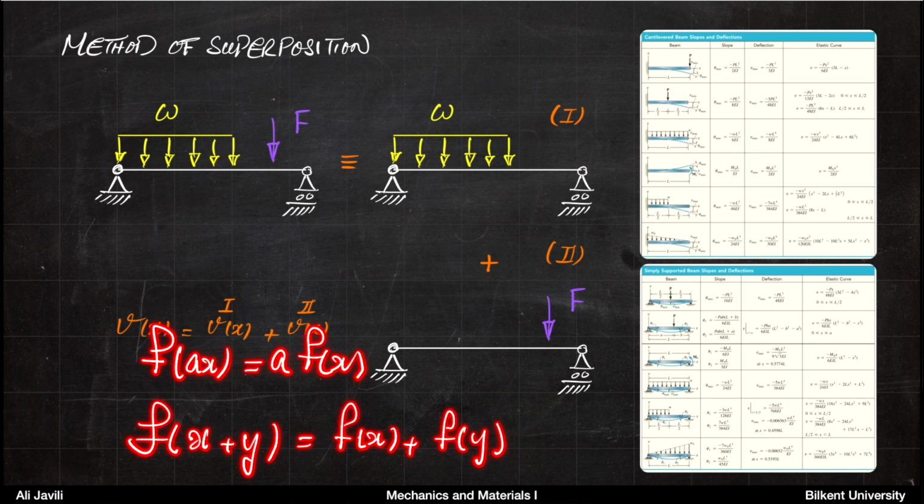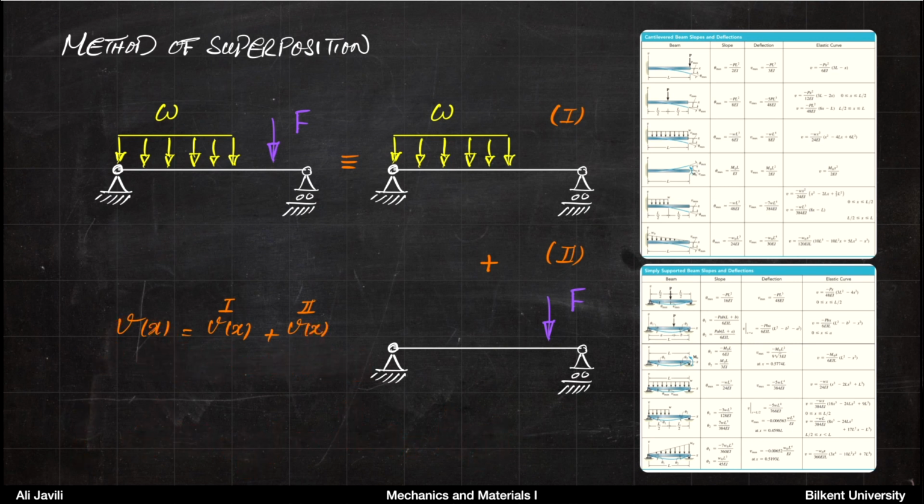If a function has these two properties, we call that function linear, and these properties are valid for our analysis here in Mechanics and Materials 1, and that allows us to use the method of superposition.